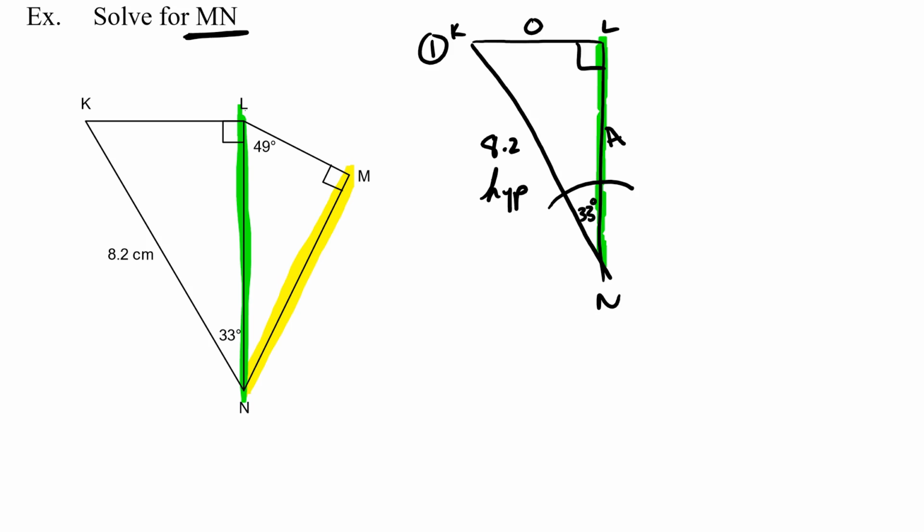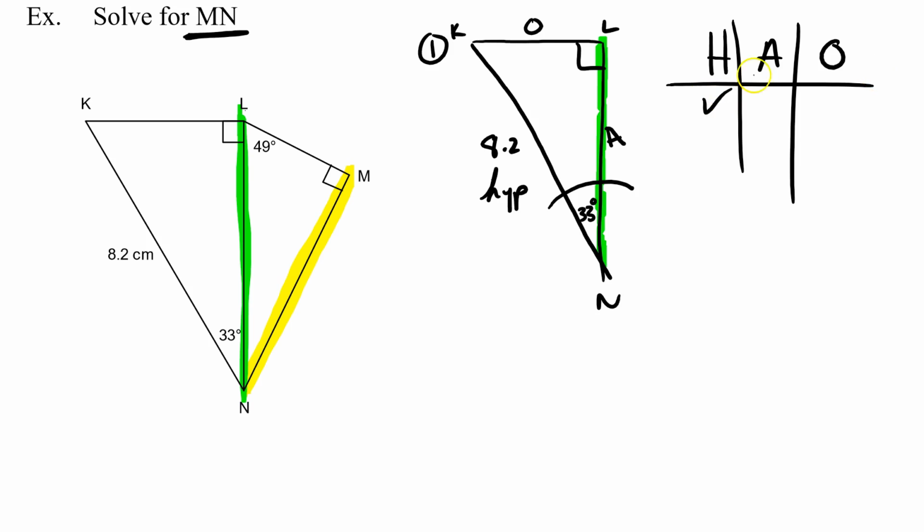So if I would make my HOA chart, or how, I like that actually better. So I know what my hypotenuse is. I don't care about my opposite at all. And I care about what my adjacent is. So whenever we have adjacent and hypotenuse, we're going to use cos.